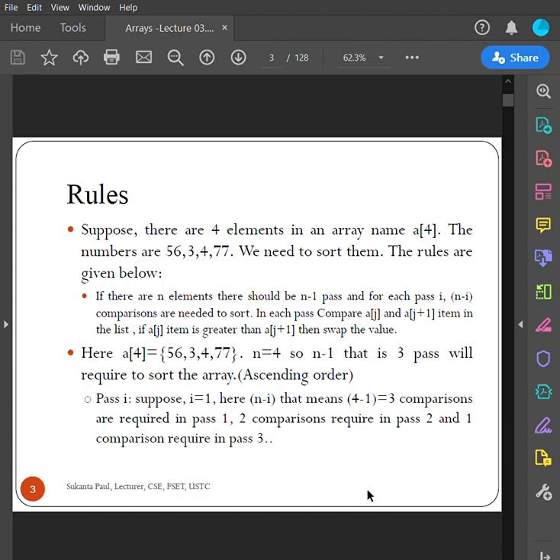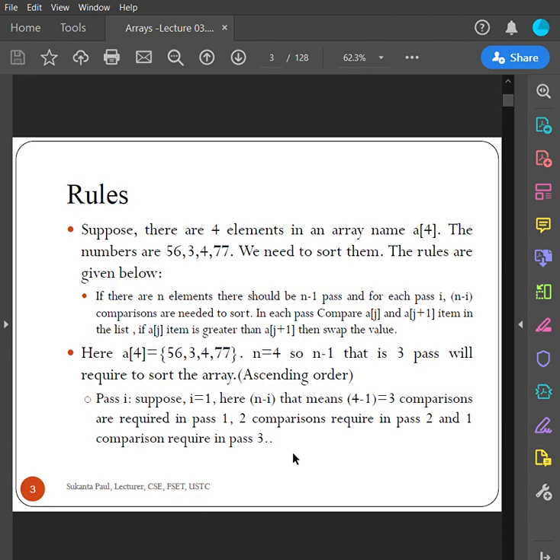Now we see that there are 4 values: 56, 3, 77, 4. So obviously there will be 3 comparisons in the first pass. In the second pass there should be 2 comparisons, and in the third pass there will be only 1 comparison, because we said earlier that for each pass i, n minus i comparisons are needed to sort.